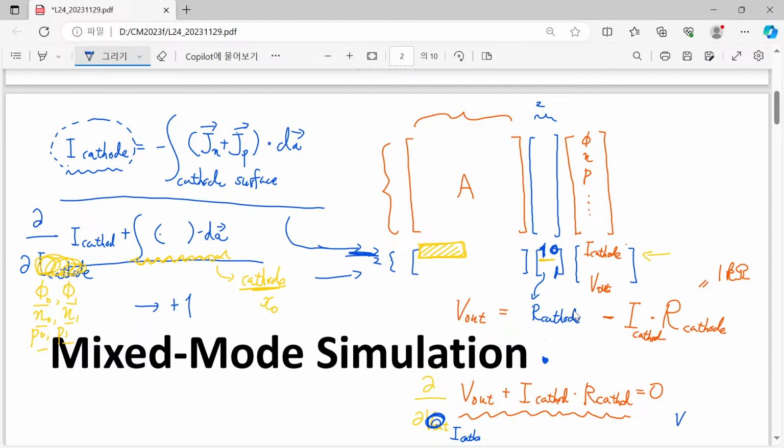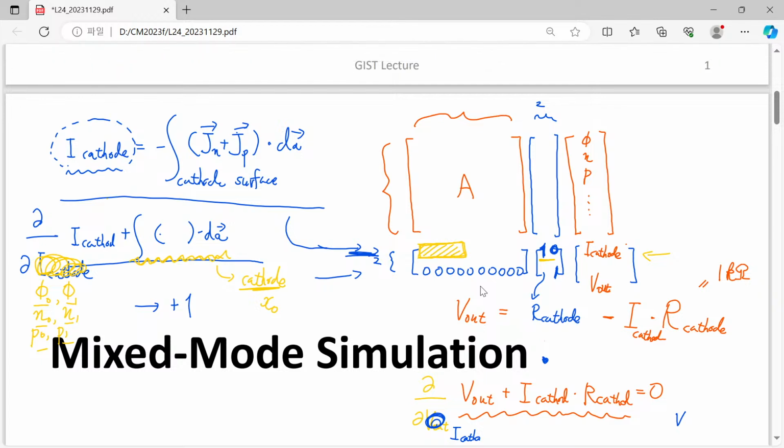So that is not that easy, not that difficult. And you know, all of these entries are just identically 0 because it is nothing related with our internal physical quantities. Well, are you happy with this implementation?